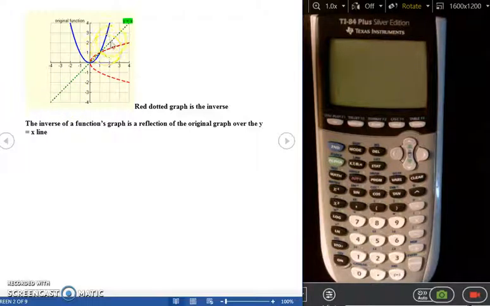Knowing that is one of the ways that we can use the calculator to answer these questions. So to recap, the original function's graph and the inverse of that original function's graph are reflections over the y equals x line.